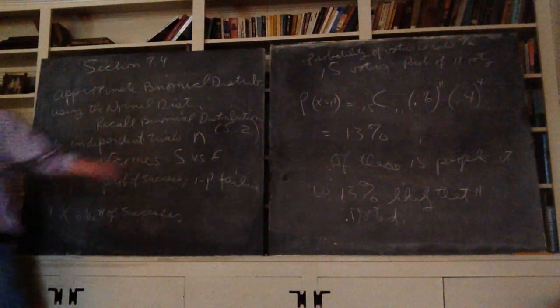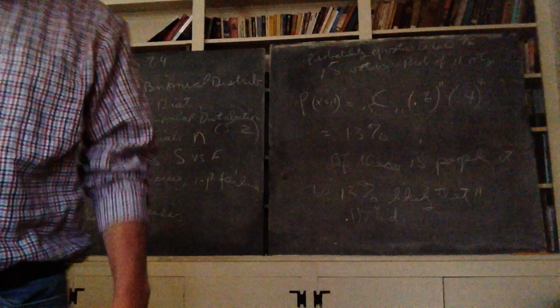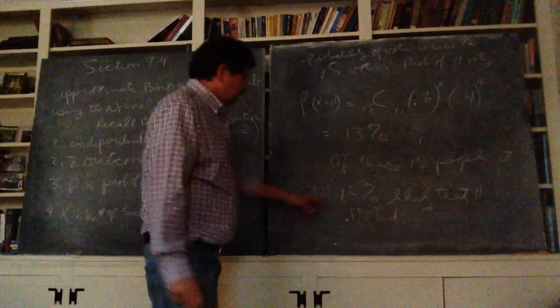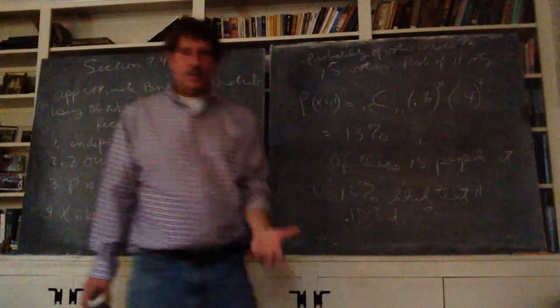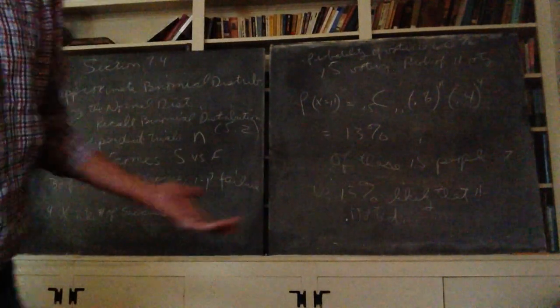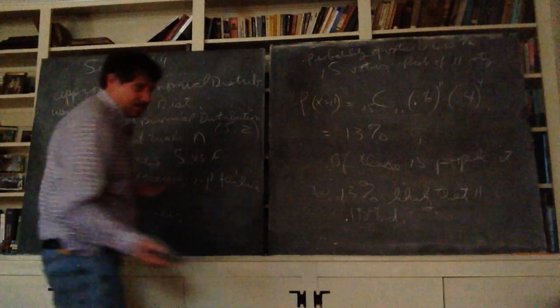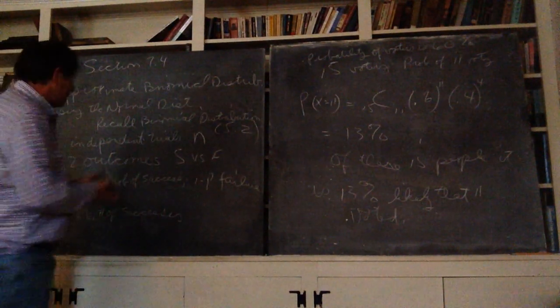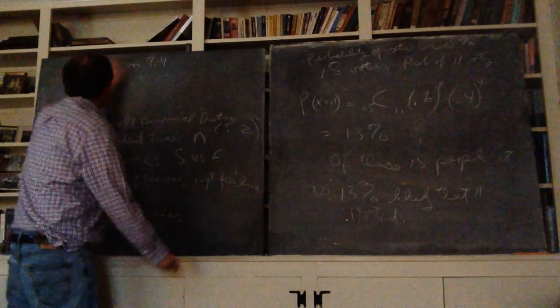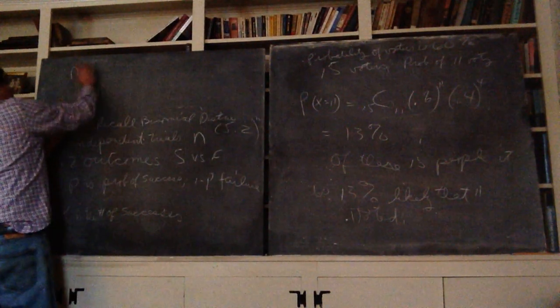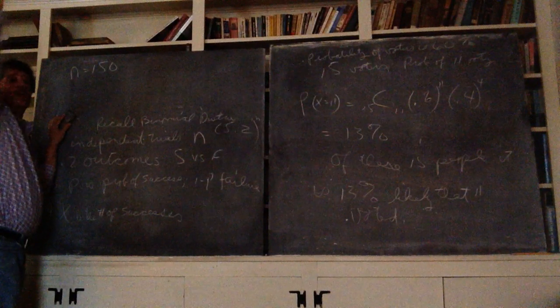And now, that's not very powerful because, for one thing, we're talking exactly 11. That precludes 12, 13, 14, 15. That precludes 10, 9. I mean, exactly 11. And 2, N is 15. Well, suppose, this is more helpful, N was 150.